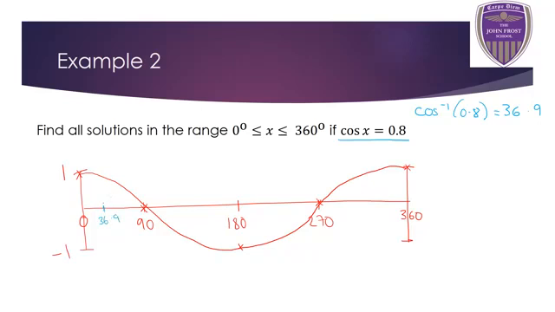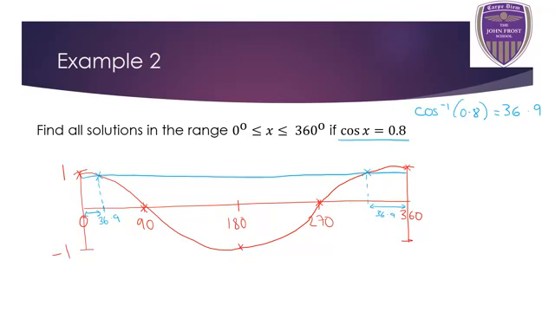I'm going to go up and then all the way across as straight as we can. We can see the points where our two solutions are lying this time. If I go down, that is a gap of 36.9 there, so this will also be a gap of 36.9.